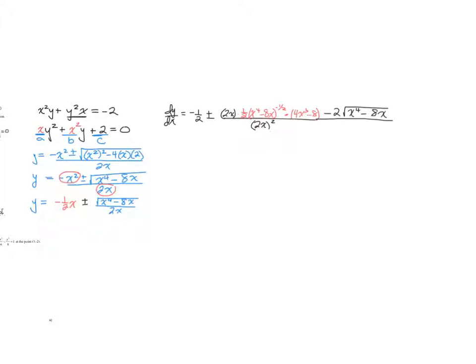The place that it makes the most sense to do the substitution, just to get right to the final answer without going too crazy, would be in the red here, because you'll have a term that has a radical x to the 4th minus 8x on the bottom of a fraction. Plugging in a 2, you get 16 minus 16.